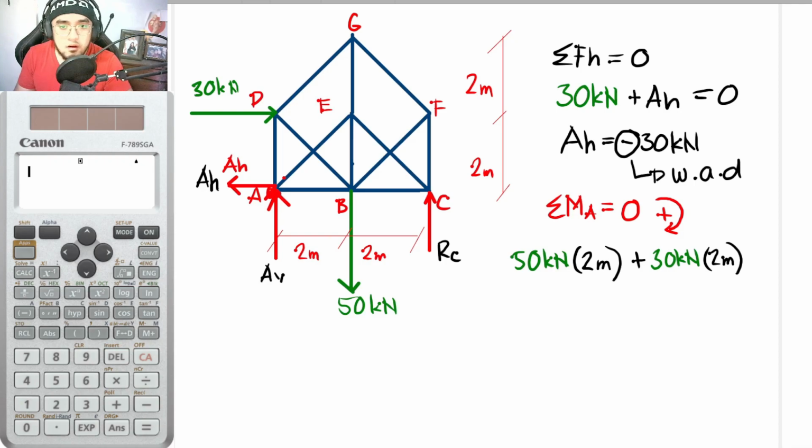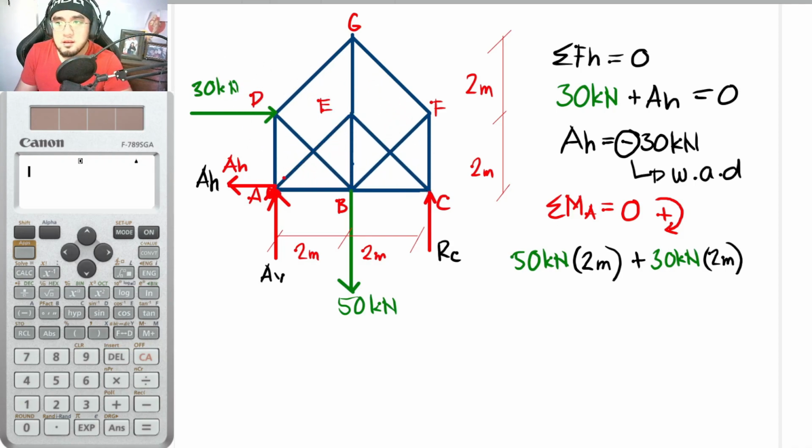So what other forces are present in this figure? So we also have RC, or the reaction at C. So for the reaction at C, as you can see, no pun intended, the tendency of RC is to rotate point A in a counterclockwise direction. So it will be going here.